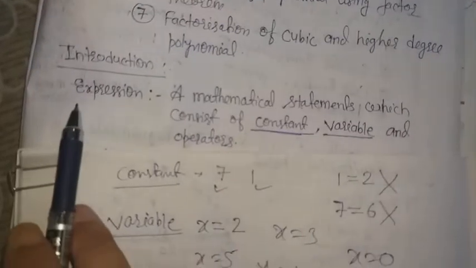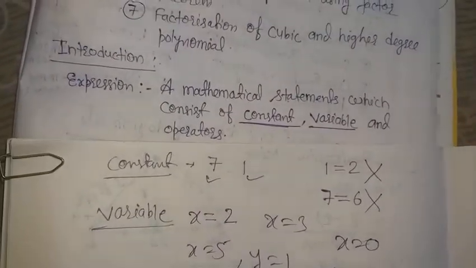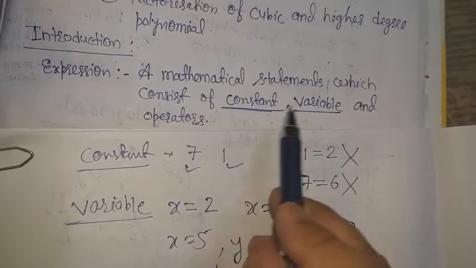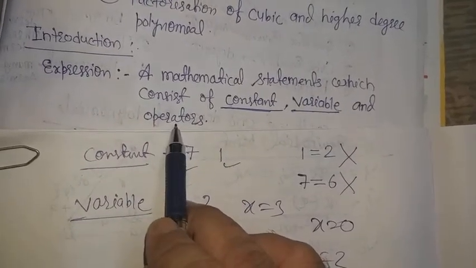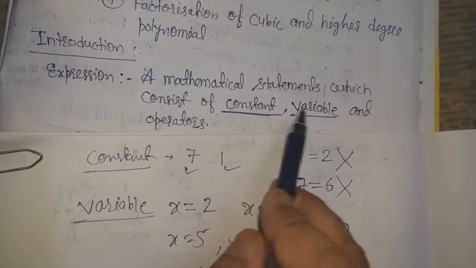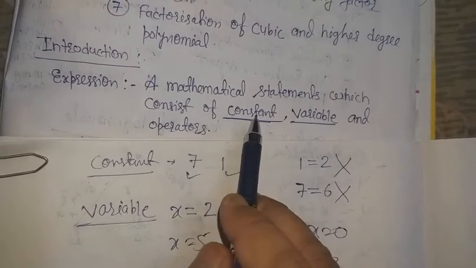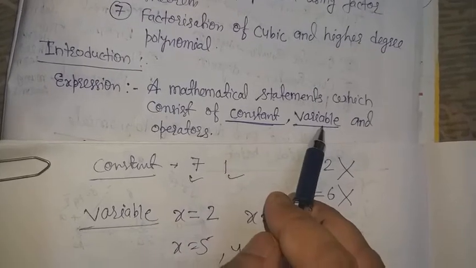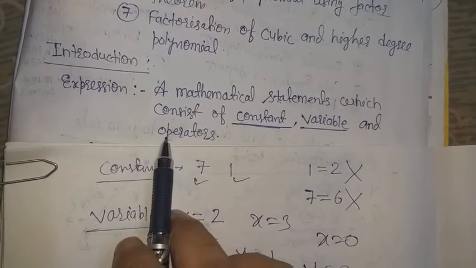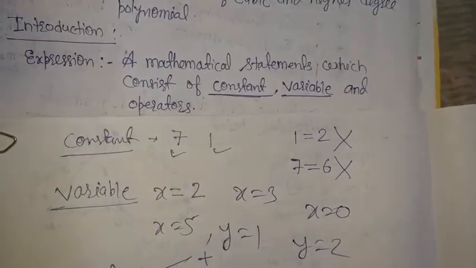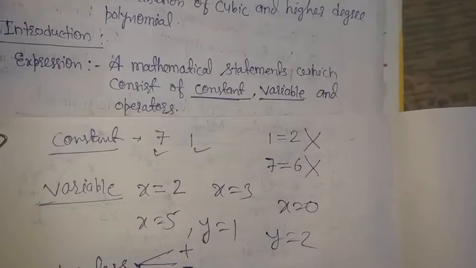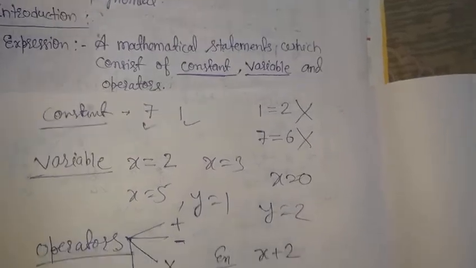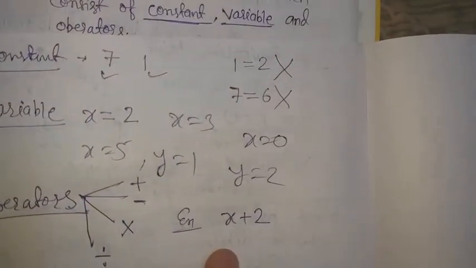Now we will talk about expression. Expression is a mixture of constant, variable and operators. It may be a mixture of constant and variable. It may be only constant, it may be only variable, but it may not be only operator. As for example, x plus 2 is an expression.